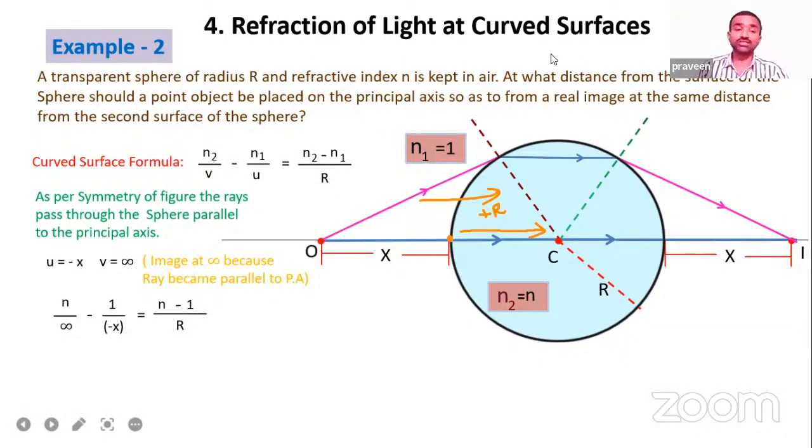Then what about this n by infinity value? We know 1 by infinity is equal to 0. So what remains here is minus into minus, plus 1 by x. So 1 by x equals n minus 1 by R. Actually, what are you trying to find out?